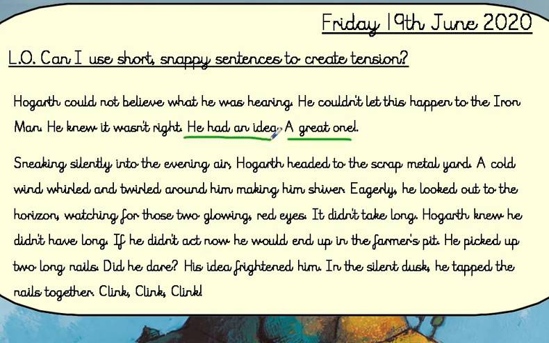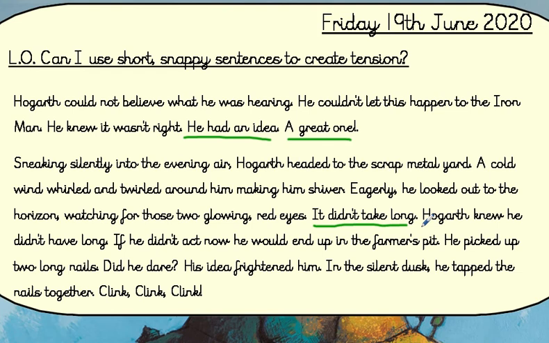Okay. In this paragraph, I hope you've noticed that I've used some short, snappy sentences. It really moves the story on and it creates that tension like we wanted to create when we did our writing about Kev when they were planning their night out in their campsite and they heard that rustling sound. So like when we did in school, staying out, and we wanted to create that tension with short, snappy sentences.